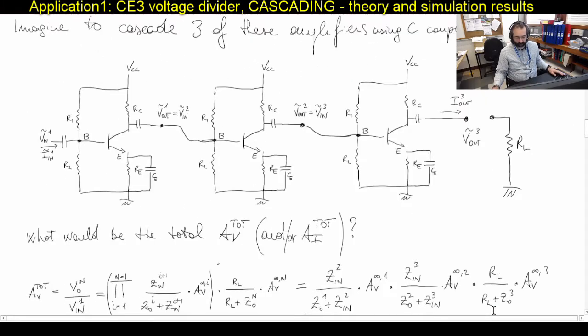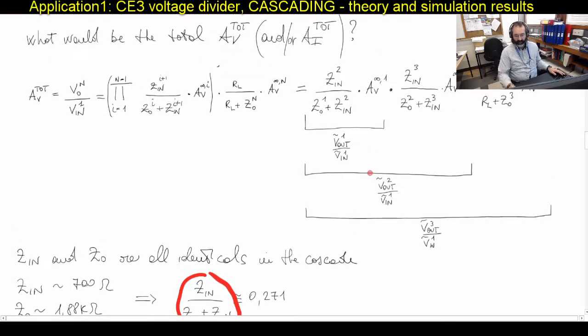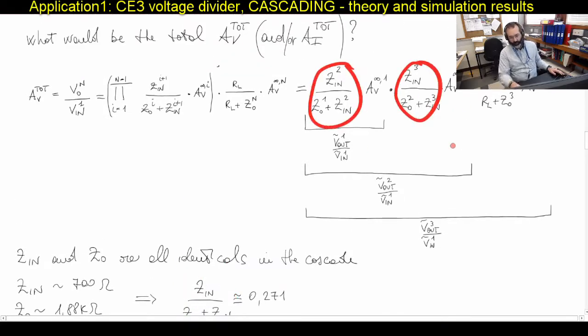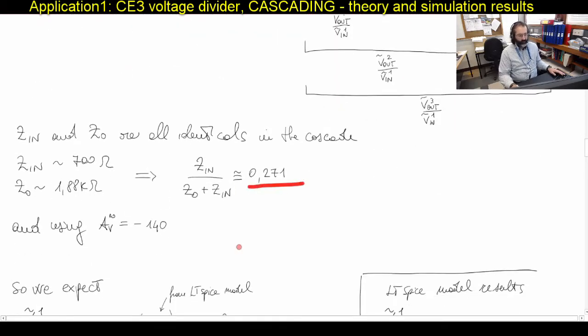We will use for Z input 700 ohm, Z output 1.88, and this quantity here, which appears identical here, is 0.271 if you do the calculation. For AV infinite, we will use minus 140 as we found from the simulation.